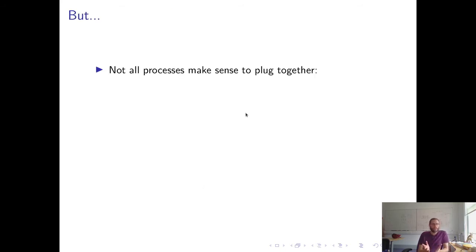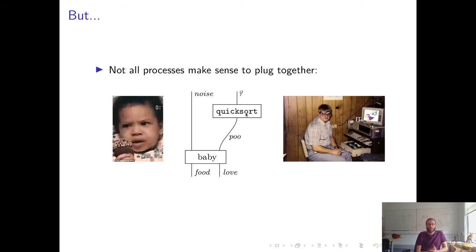So processes can be anything. It makes sense to define a process for just about anything. But not all processes make sense to plug together. So for example, if I take baby and I try to connect it up with quicksort in this particular way, unclear what the output of quicksort will be in this situation.